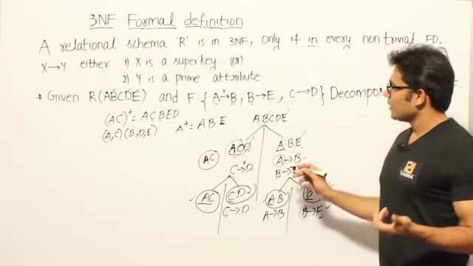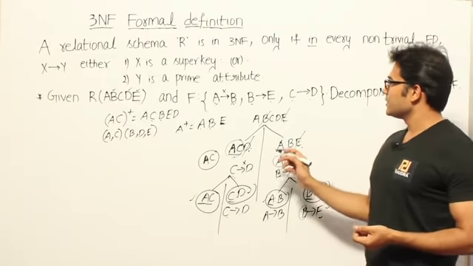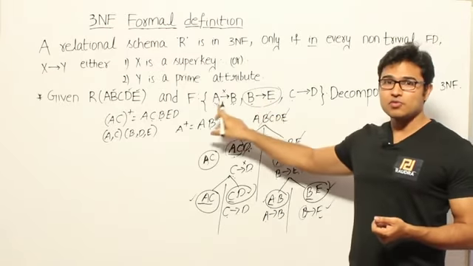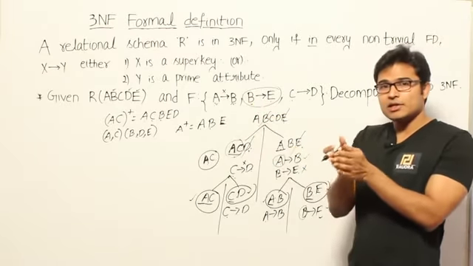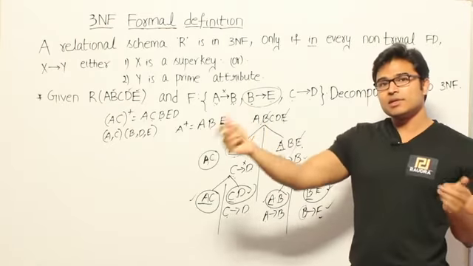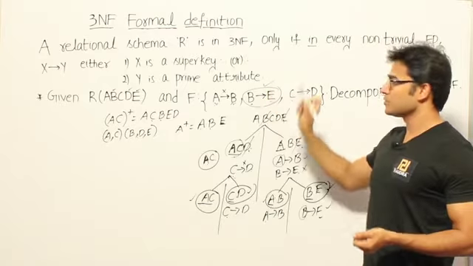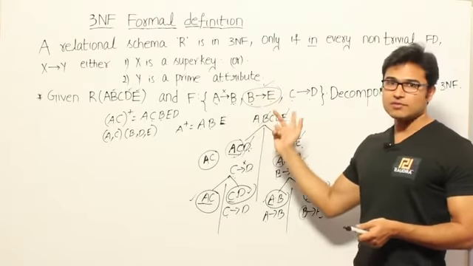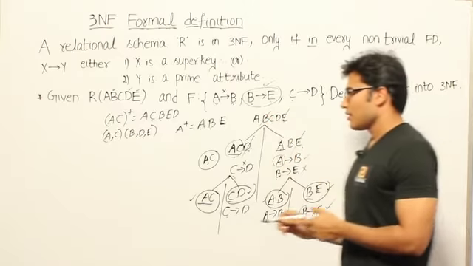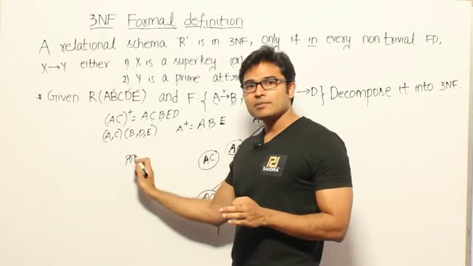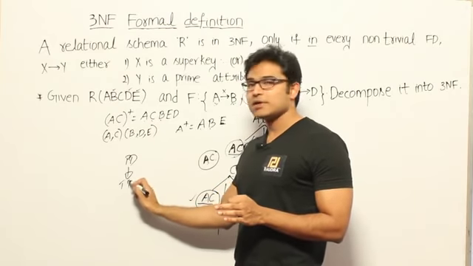For example, if you would have taken, let's say, B determines E first, if we had tested this one first before this, then we would have split the table in such a way that B plus we would have found out, and we would have split the table that way, which means we would have eliminated the transitive dependencies first. So that depends on the order in which you check the FDs. Therefore there is no rule that first eliminate all the partial dependencies and then the transitive dependencies.